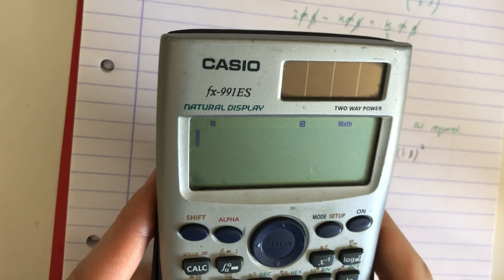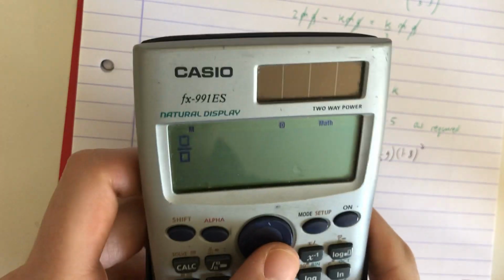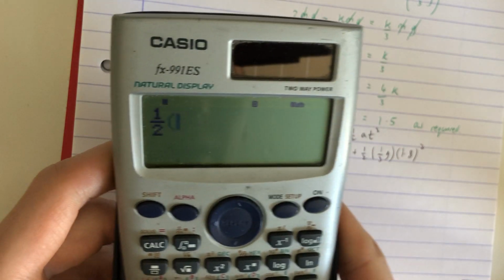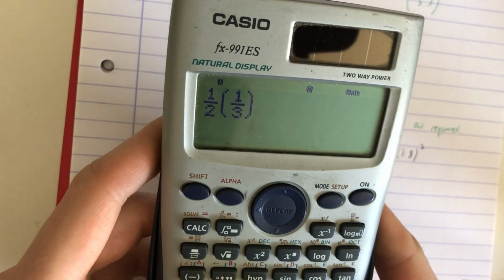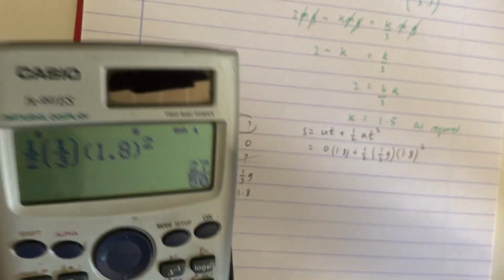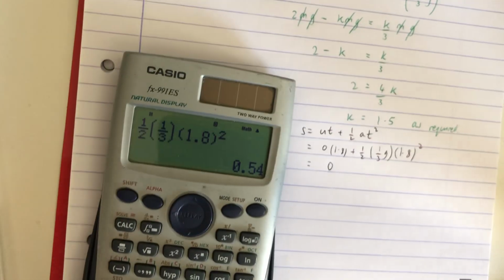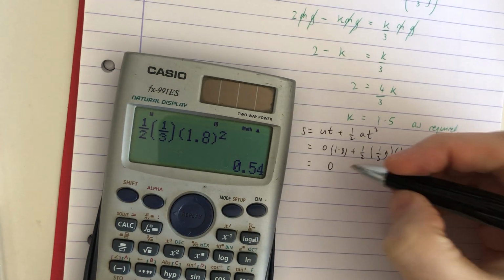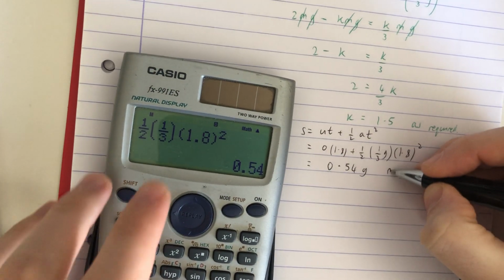I'm going to leave my answer in terms of g, so a half times a third, but I'm not going to write the g in because I want to give my answer in terms of g, times 1.8 squared is 27 over 50, or if you prefer 0.54 g. That's in meters.